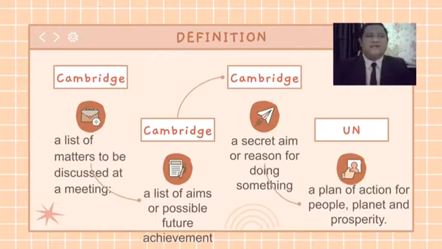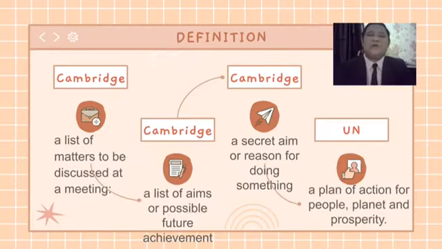An example of this would be a political agenda, or another example would be an ideological agenda. Now, we have gone through all 3 definitions of agenda that are listed in the Cambridge Dictionary.